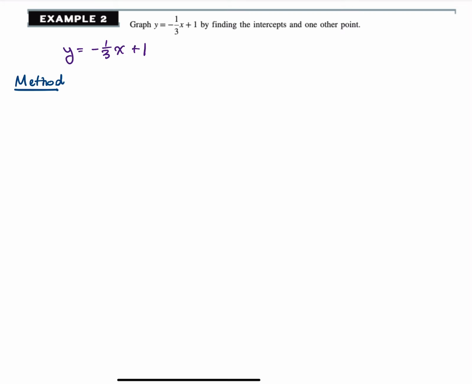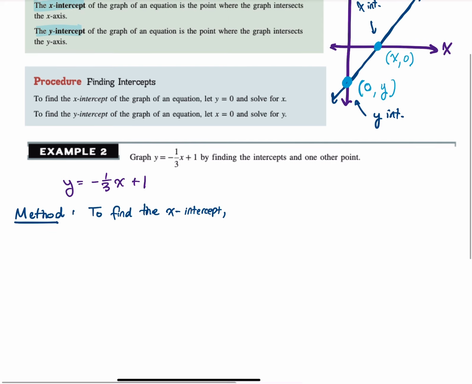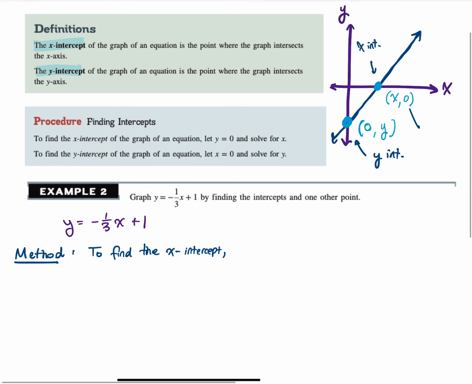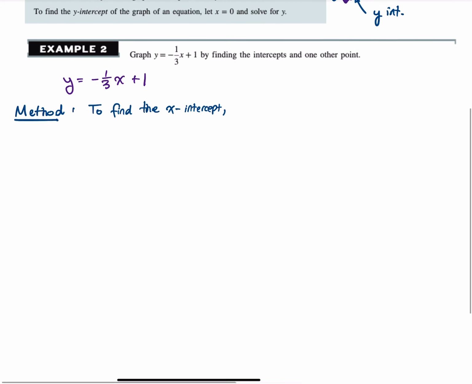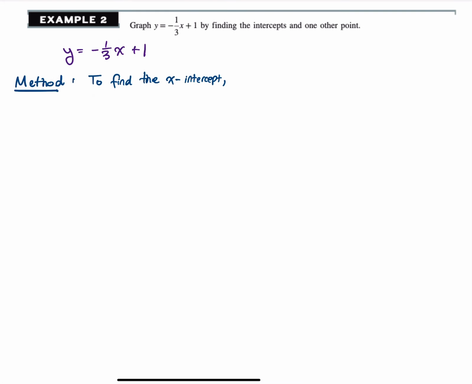If I want to find the x-intercept, we said earlier the x-intercept occurs when y is equal to 0 because we're on the x-axis. So we can just use that as a y value. We can replace y with 0. Then just solve for x.